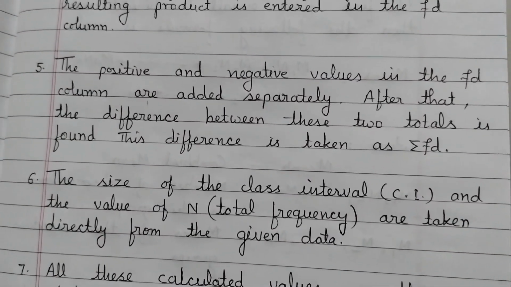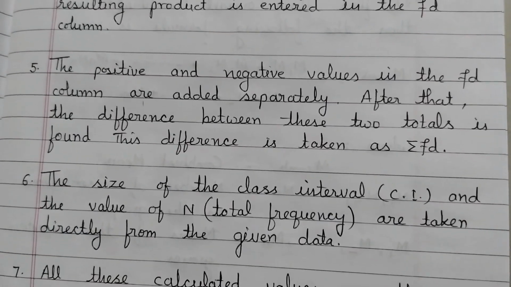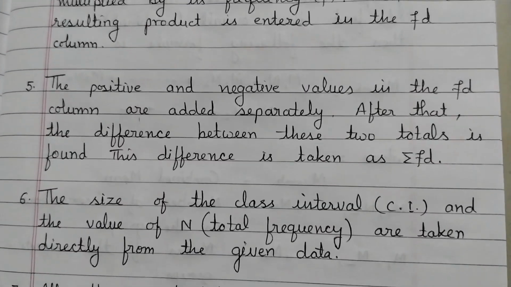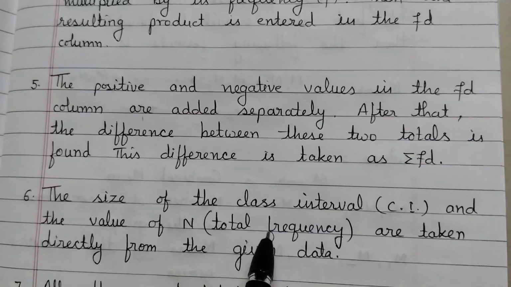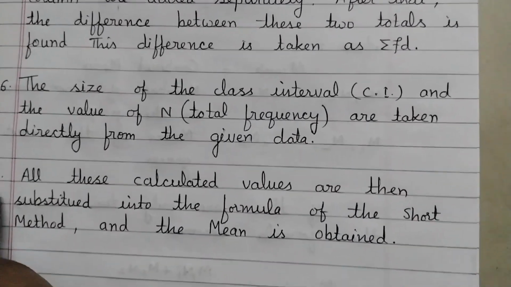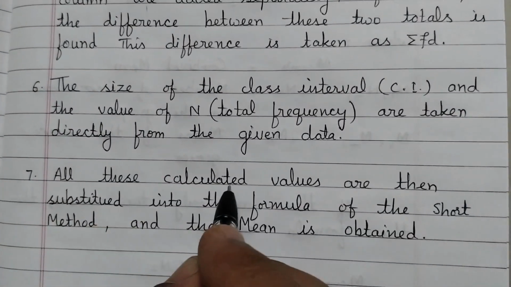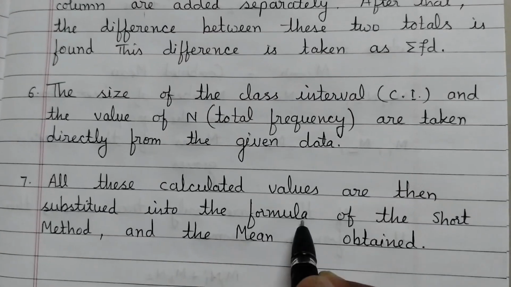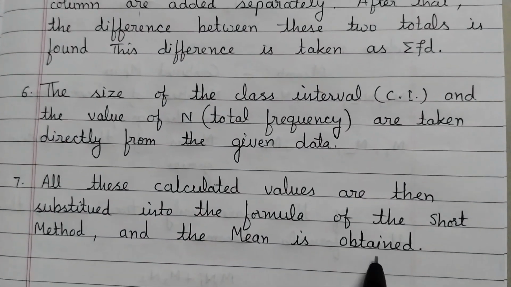The first column is class interval, which is usually of 5 or 10, and the second column is frequency; sum up all the frequencies to have the value of N. So these are to be calculated from the given data. Last point, step of calculation. All these calculated values are then substituted into the formula of the short method and the mean is obtained.